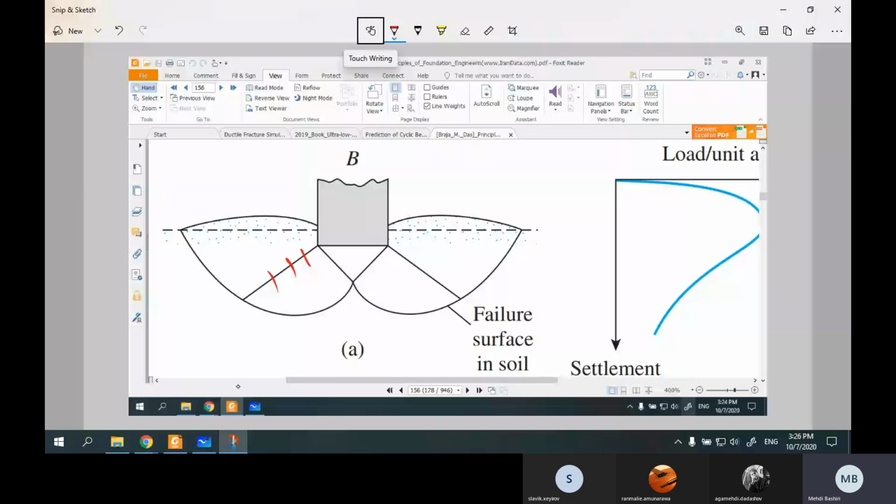In here we'll have slippage. And finally, your structure will have such a thing. Because this surface slipped against the other one, and you have overturning.